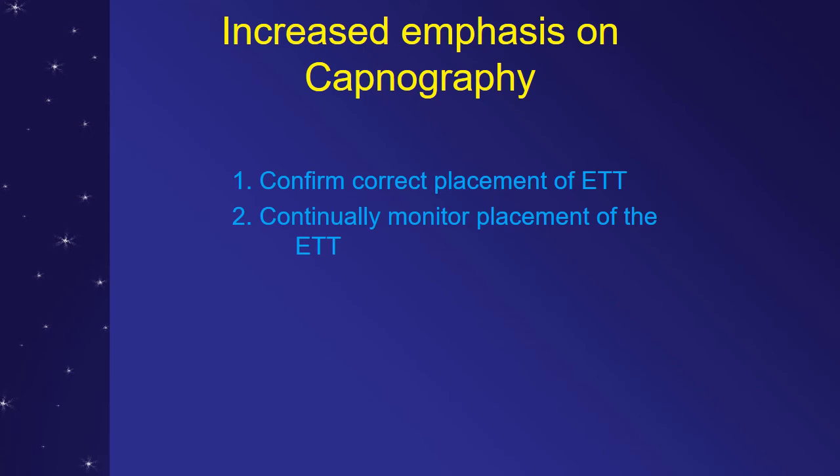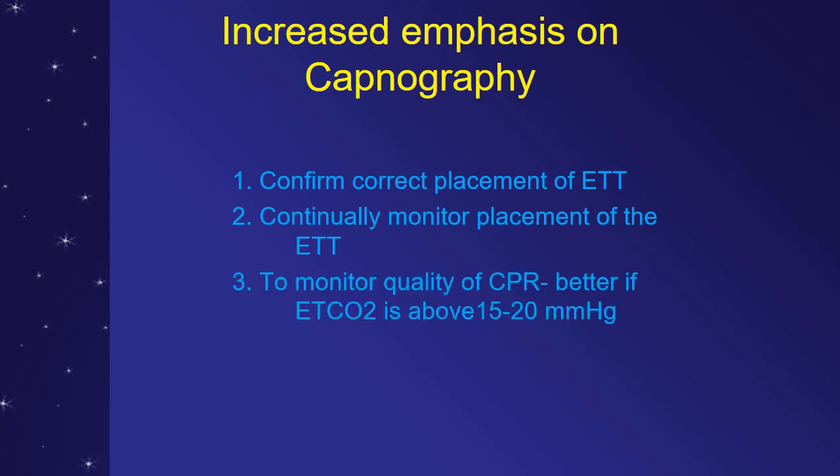So by following the capnometer reading or the capnograph, you can again be sure that the endotracheal tube is still in place in the trachea. Also, getting a reasonably good end-tidal carbon dioxide reading, something above 15 to 20 millimeters of mercury, generally gives an assurance that reasonably good quality chest compressions are going on.